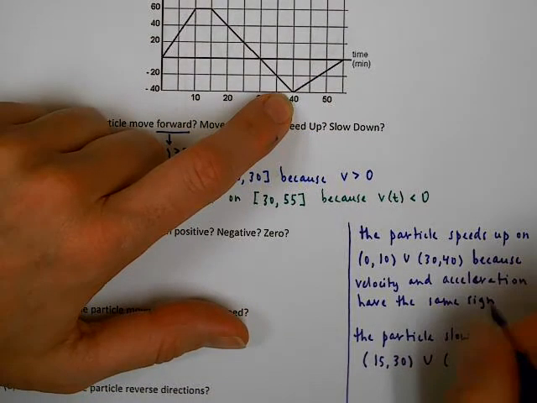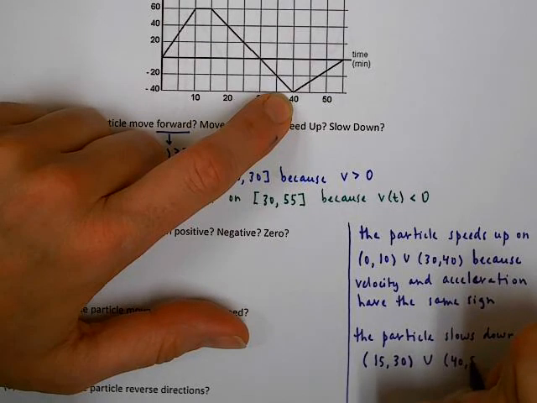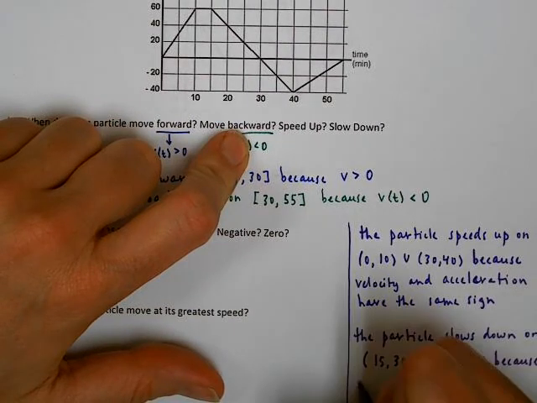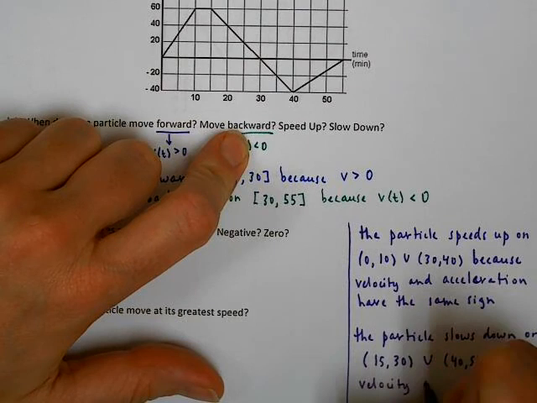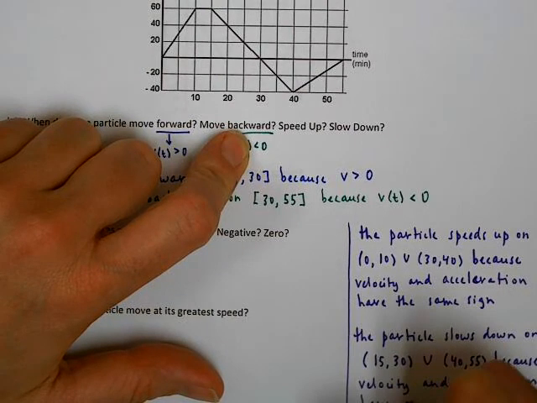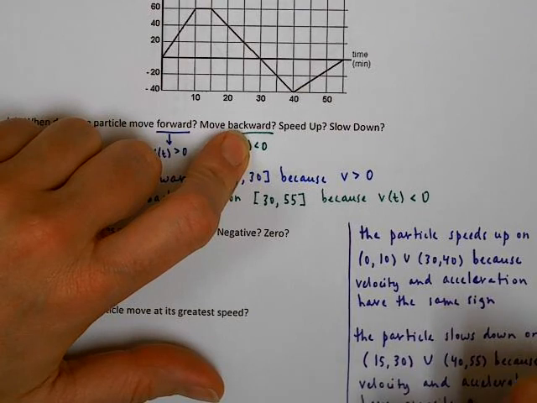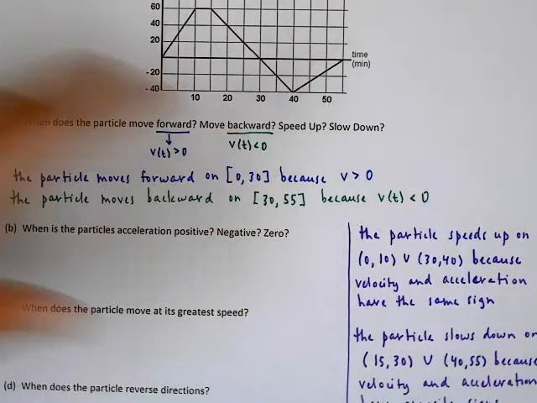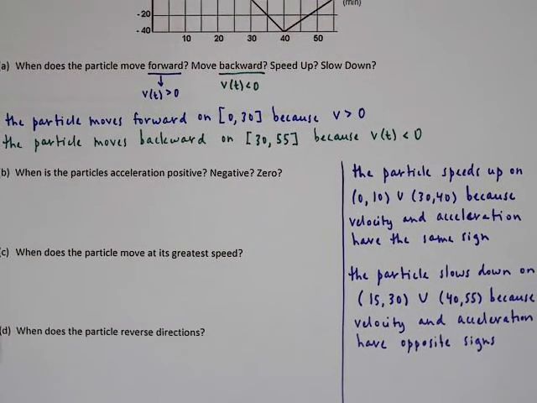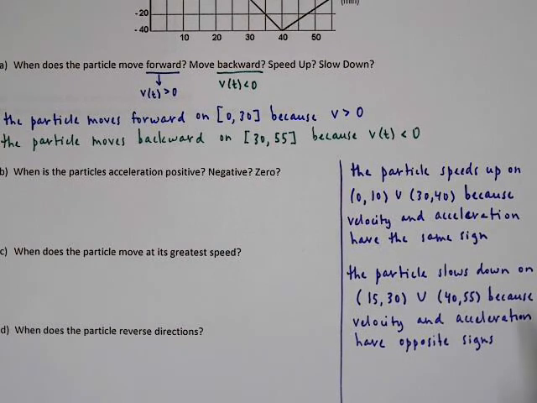So from 40 to 55, and again we would say because velocity and acceleration have opposite signs. Oh my goodness, sorry, that went out of the view here. Now, remind me in class, there is another way that some students have found useful for remembering this. I don't want to go into it in the video, but we could talk about that in class.